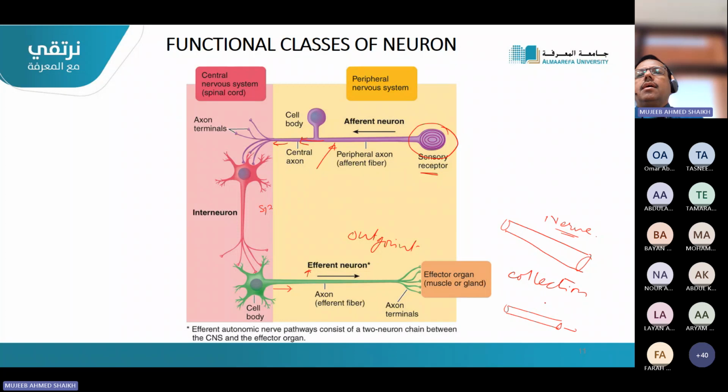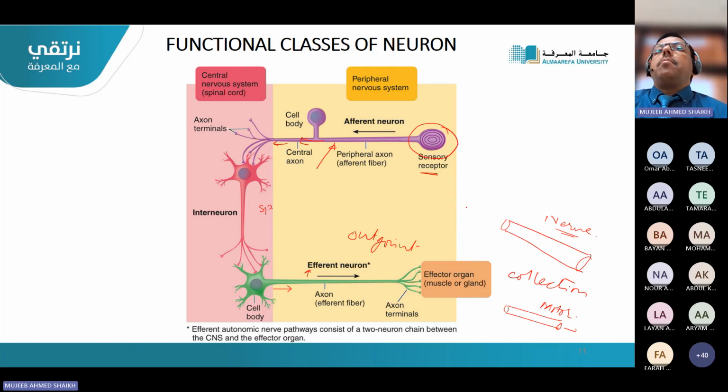We call it a motor nerve. The nerve which is carrying the information towards the center is a sensory nerve. The nerve which is carrying the information from the CNS to the organ is called a motor or efferent nerve.